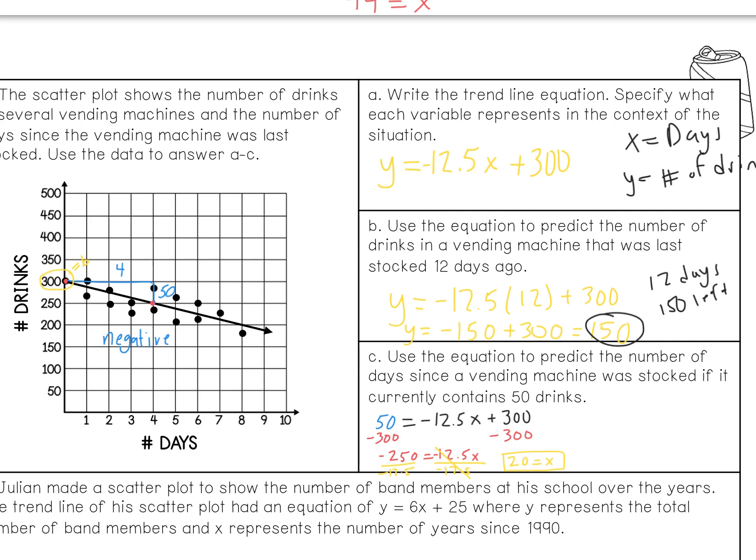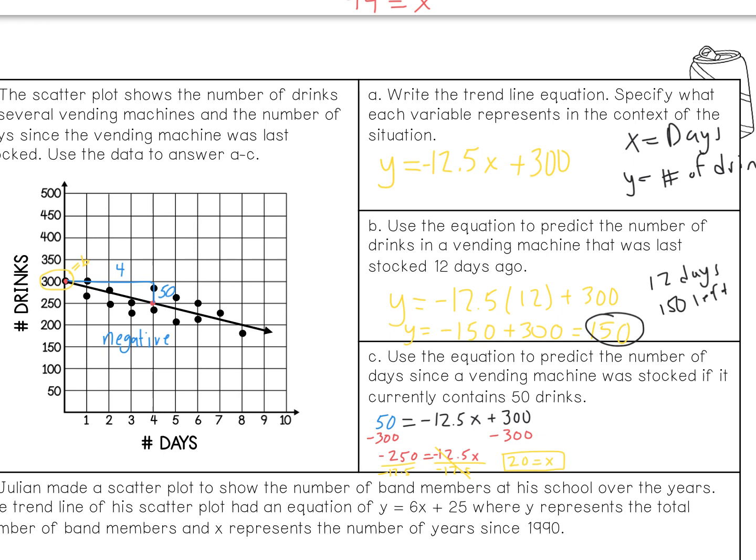You could have kept it as a fraction and done 25 over 2 or 50 over 4 if you wanted, but I thought it was just easier to do 12.5. Okay. And the slope is negative, so it's got to be minus 12.5. And then x is the number of days, and y is the number of drinks.